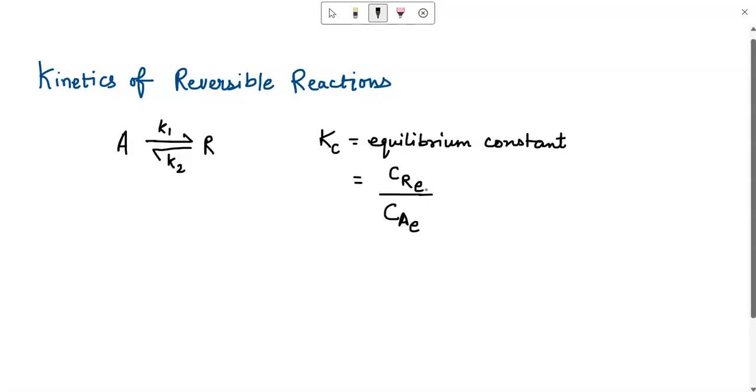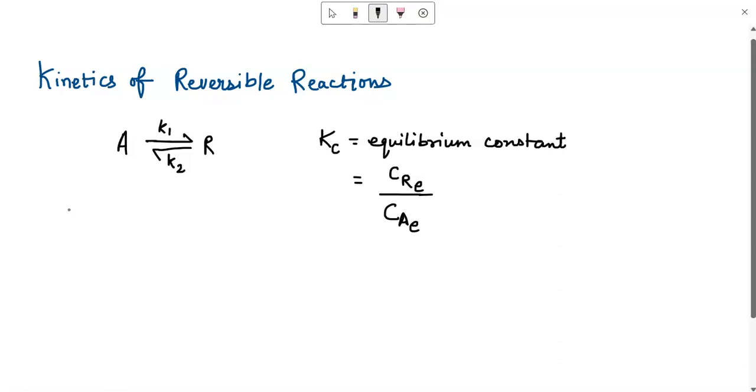The ratio of the product concentration to the reactant concentration raised to their respective stoichiometric coefficients is your equilibrium constant. So this is the reaction that we are going to study now.